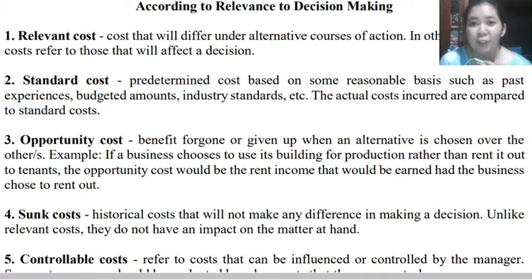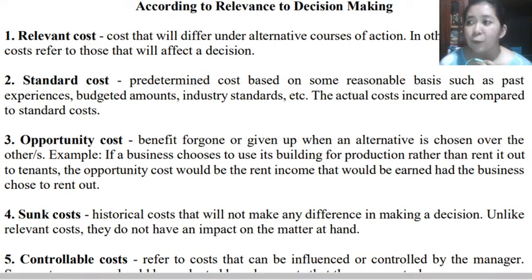This is used for planning and controlling purposes. Standard cost will be compared with the actual cost. Actual cost is the actual expenses that the entity incurred in the conduct of their business activities.